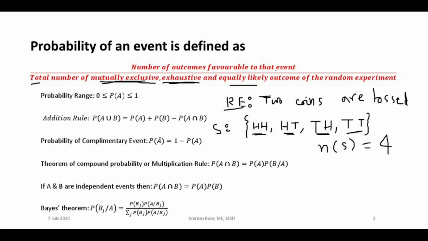Now the numerator is the number of outcomes favorable to that event. So first of all we have to define what an event is, because the probability that you have defined is with respect to some event. You have to find out the probability of event A. So let us define an event.